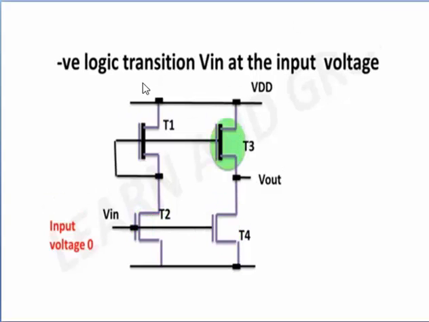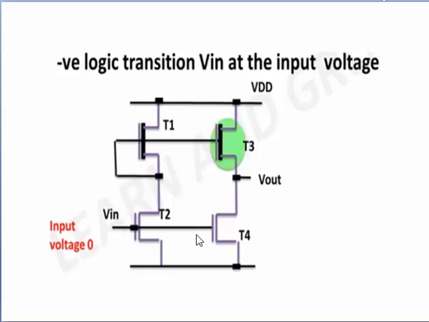So next is when a negative logic transition is applied at V input. When we apply V input equal to 0, that is when the input voltage is changing from 1 to 0, then second and fourth transistors go to off state.